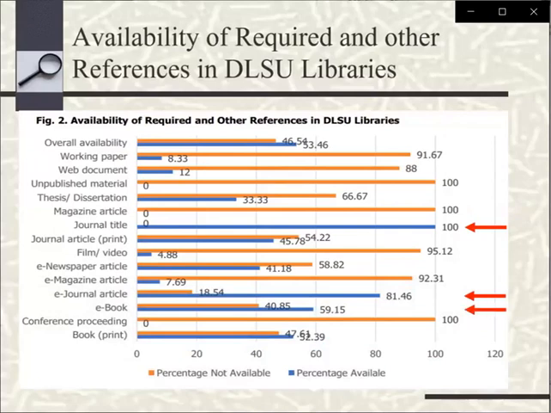Ebook resources had the third highest percentage of availability in the library collection with 59.15%.